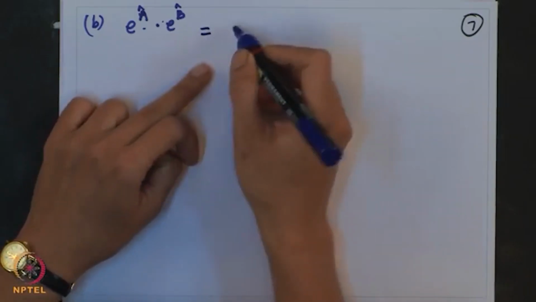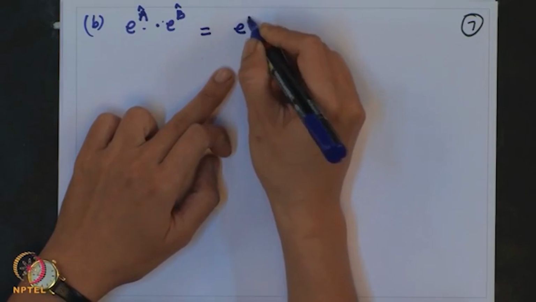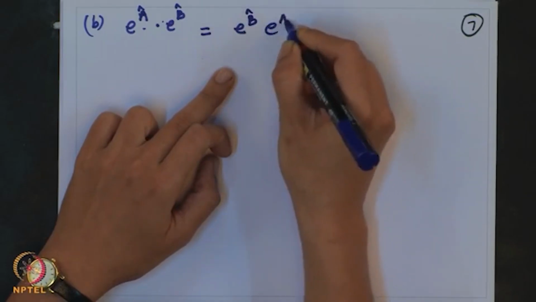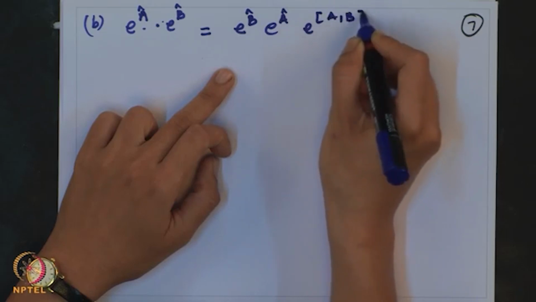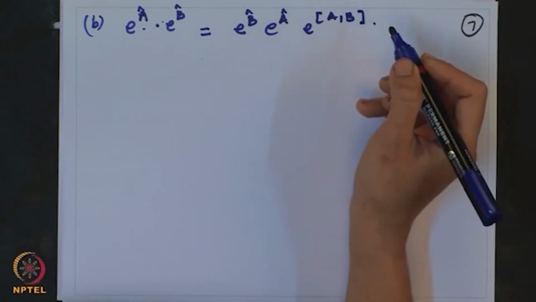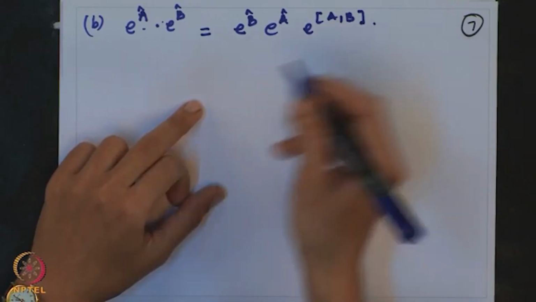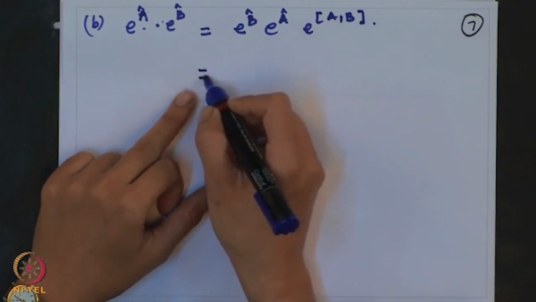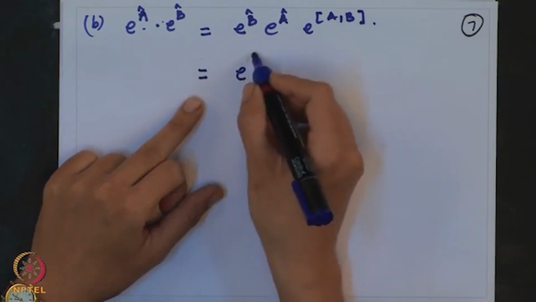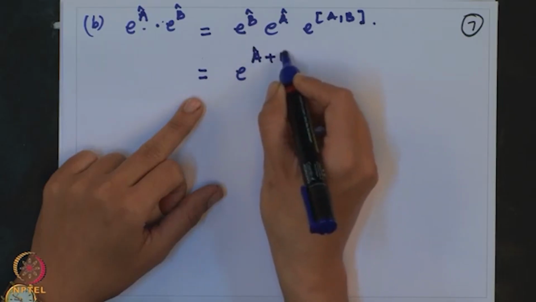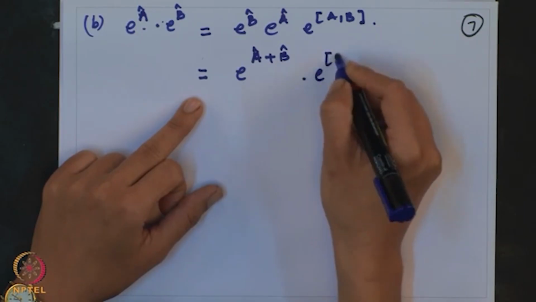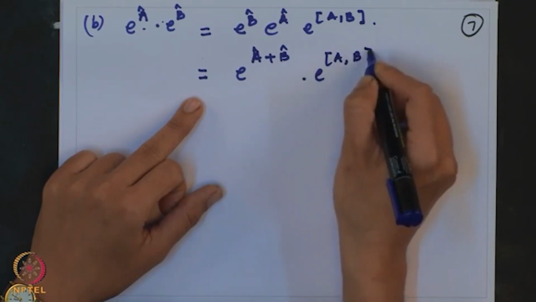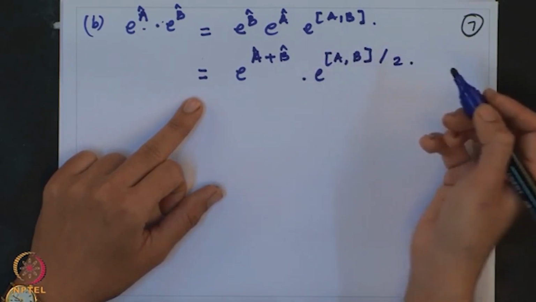So, what we have, let me write here as e raised to A comma B, okay. And you have this equal to e raised to A plus B times e raised to the commutator of A and B by 2.